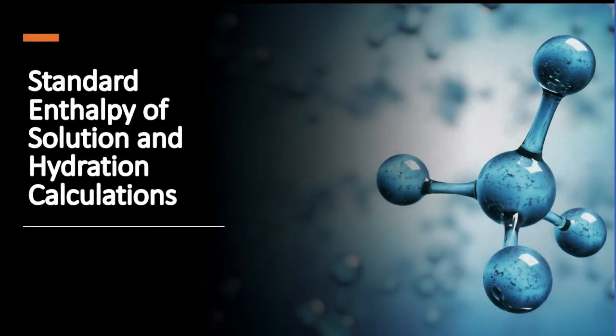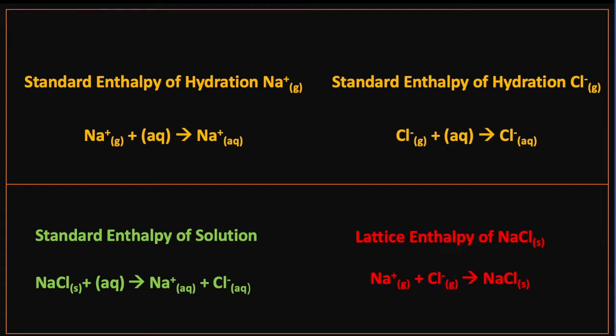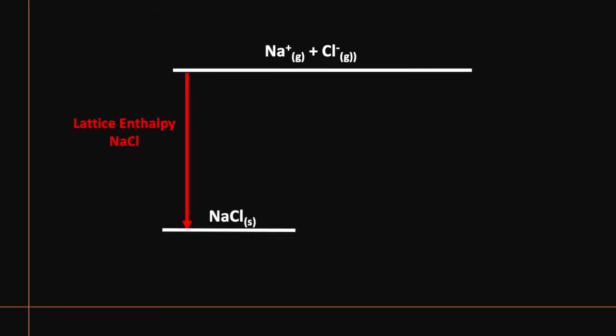So we can put these new enthalpy changes into a Hess cycle, and we can relate them to our lattice enthalpy. Those are the ones that we have so far, and there's our lattice enthalpy of sodium chloride as well, and we're going to put these all together into a Hess cycle. The most energetic species out of the ones we have will be the gaseous ions, and those combining to give us the solid is the lattice enthalpy.